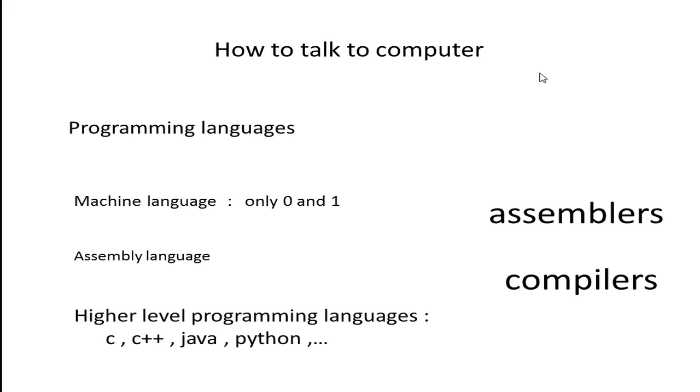This software is called a compiler. So the compiler would convert the higher level instruction in one of these programming languages to the assembly language, and then the assembler would convert it to zeros and ones.